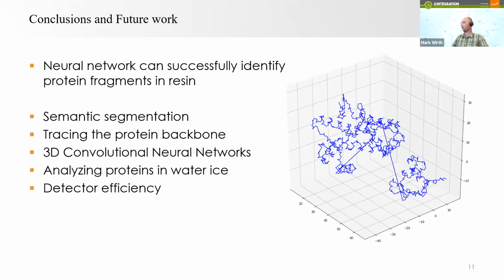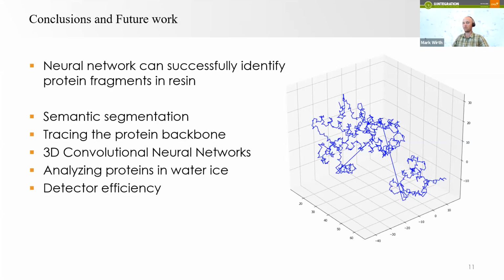In the future, though, what we really would like to move towards is something more like semantic segmentation. That's our big lofty dream goal. Semantic segmentation would be where we can actually run atom probe data with proteins in it, actually segment the proteins, and know information about them, so identities, structure, etc. To achieve that goal, we are pursuing several different methods. One of them is tracing the backbone.